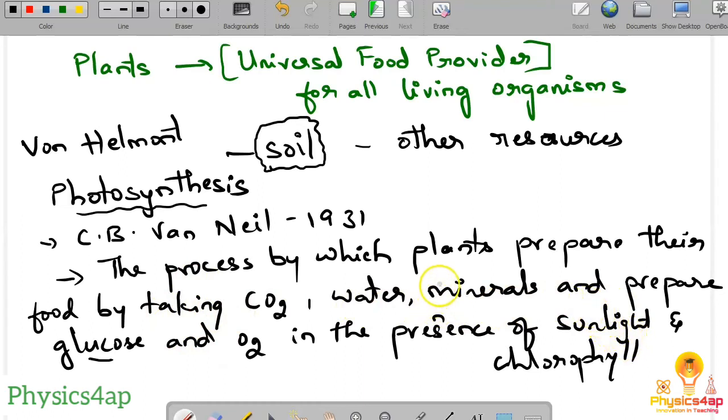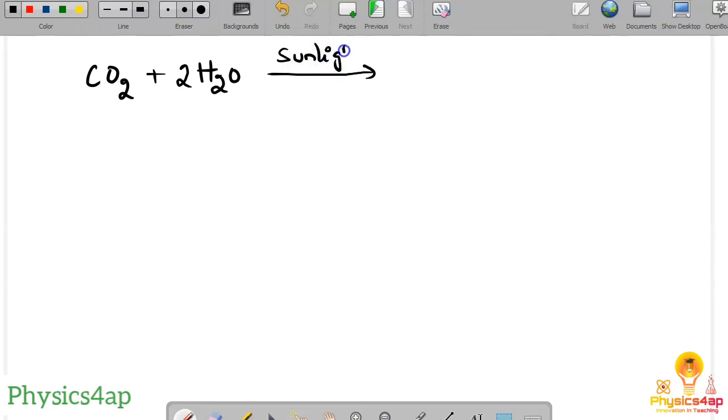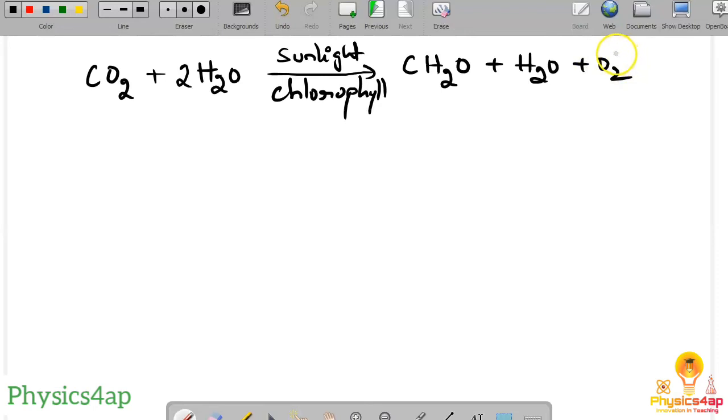The basic equation of photosynthesis was given by C.B. Van Niel as follows: plants take carbon dioxide, CO2, and also take water, with 2 moles of water, and in the presence of sunlight and chlorophyll they prepare their food, a simple carbohydrate, CH2O, as well as they release water and oxygen gas into the atmosphere. So this is the basic equation for photosynthesis.